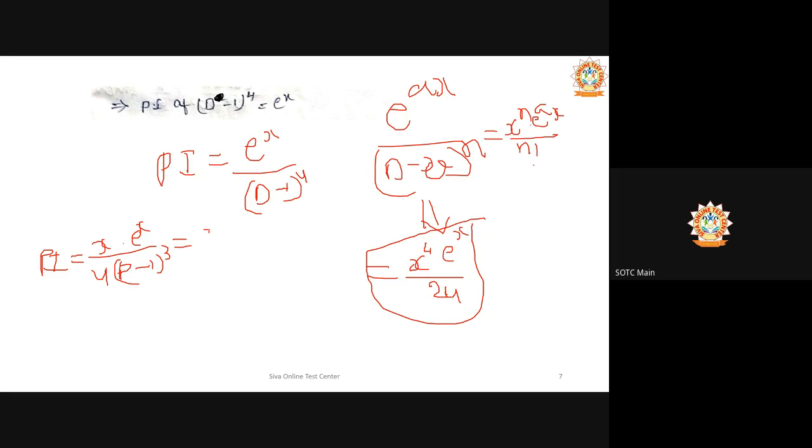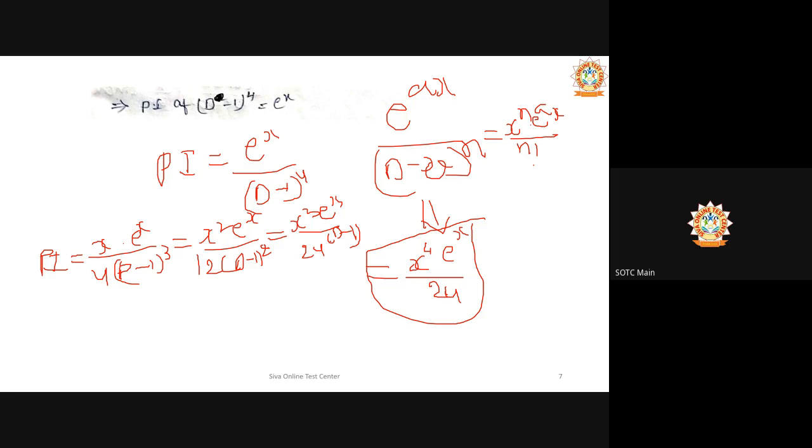Next again I'm doing x square e power x divided by, again doing the differentiation, 3 into 4, that is 12, 12 into D minus 1 whole square. Now if you substitute again, it will come 0. Again multiplying with x in the numerator, x cube into e power x divided by 12 into 2, it will become 24 into D minus 1.